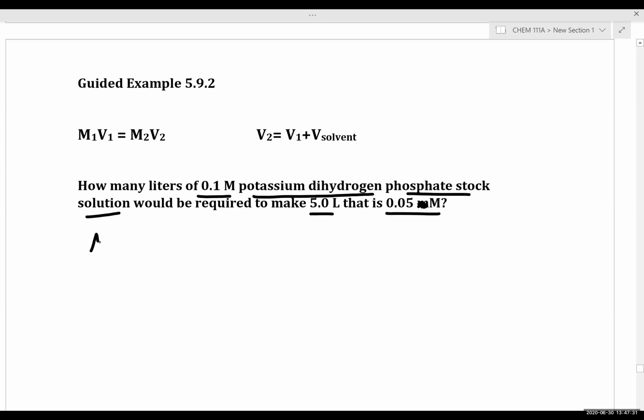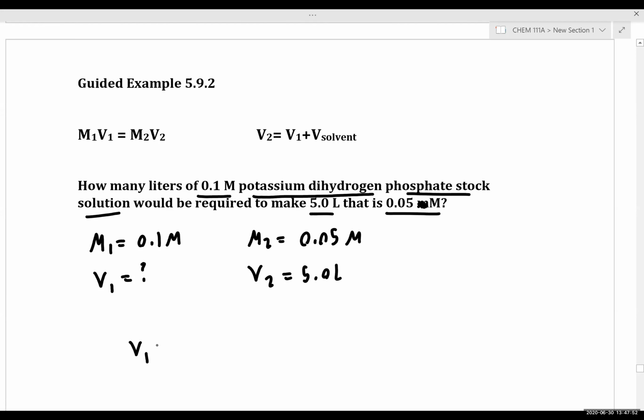So our initial molarity is 0.1 molar, our initial volume is what we're trying to figure out, our final molarity is 0.05 molar, and our final volume is 5.0 liters.